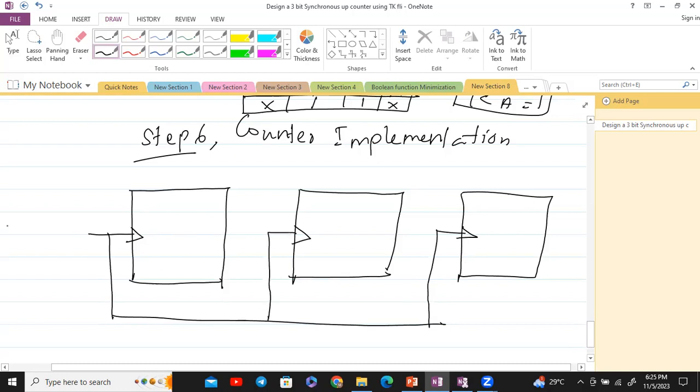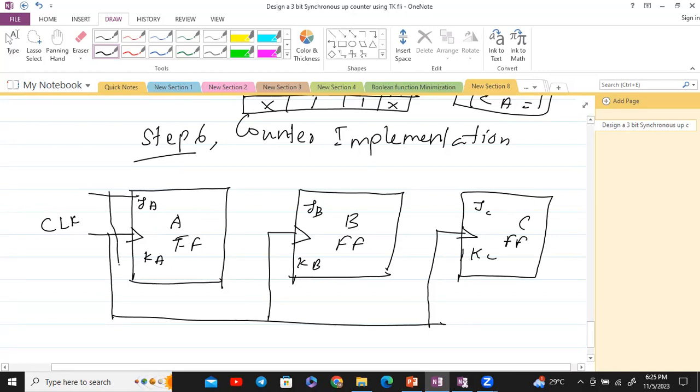So this is the common clock. JA KA is the A flip-flop, JB KB the B flip-flop, JC KC the C flip-flop. Okay. Now what is the input to JA KA? It is 1. So we can give a high value of 1 to JA KA.